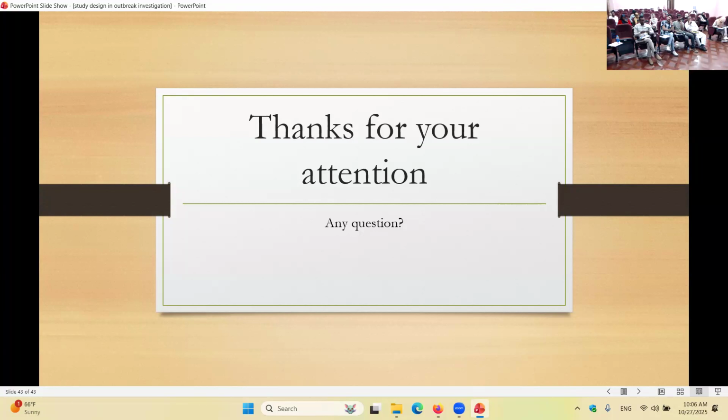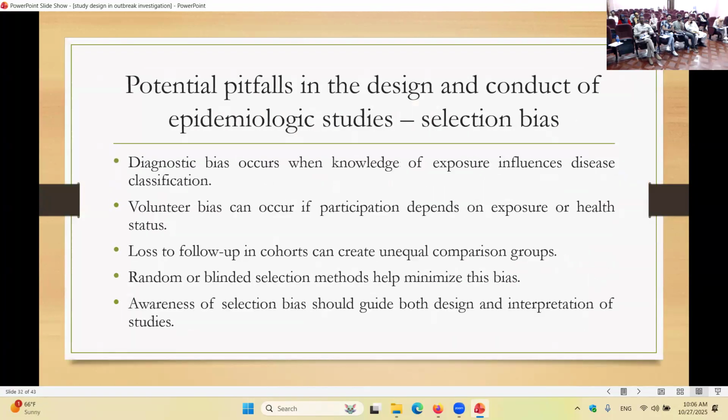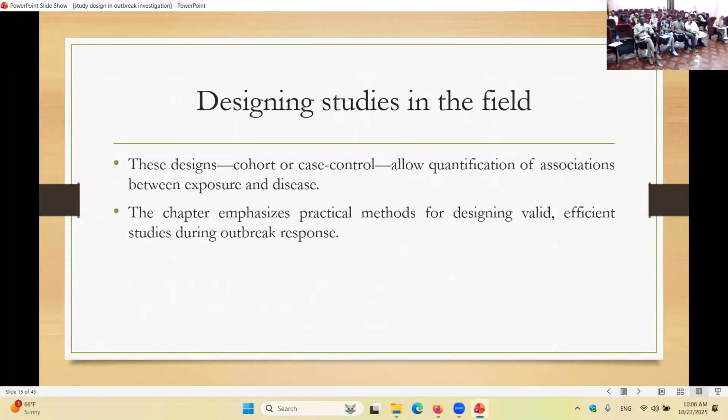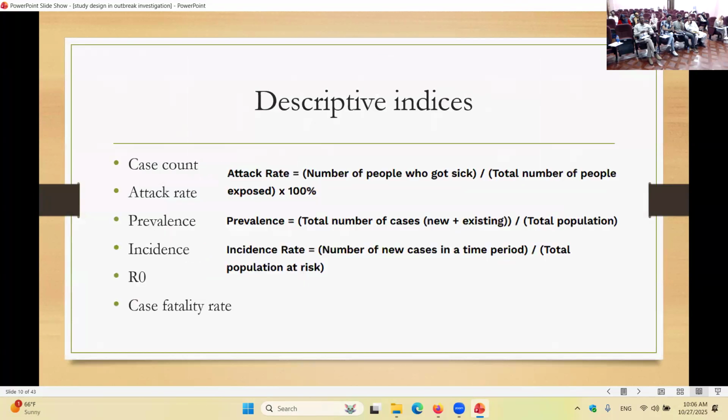All right, so the first question: if you go back to the first page, I think it was the descriptive indices. You remember that slide? Yes. So R0, I didn't get exactly what R0 means or when it's used.